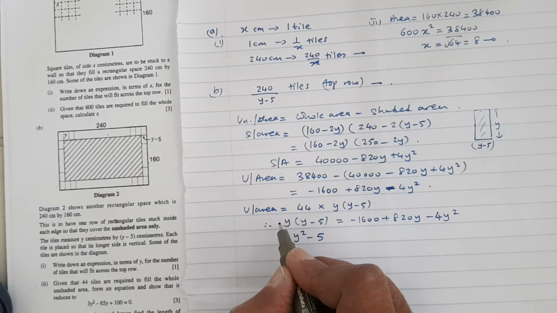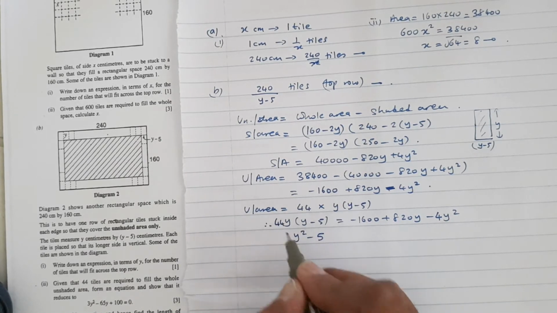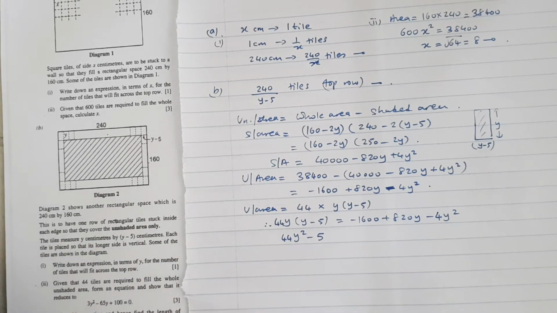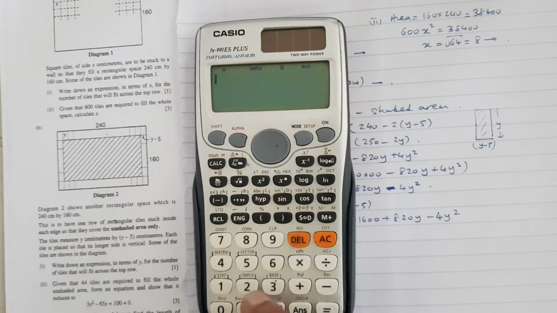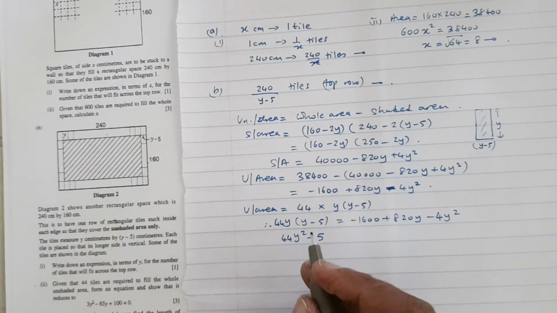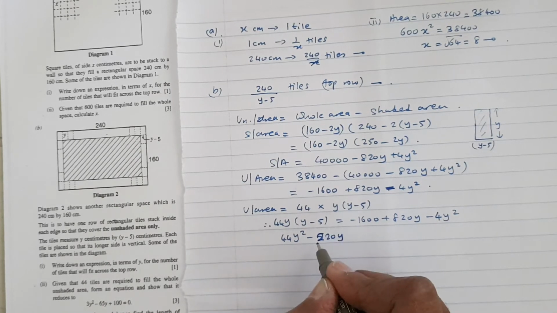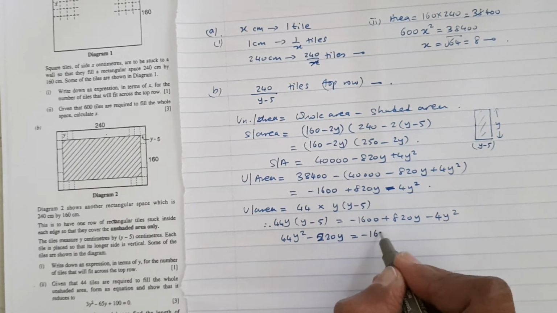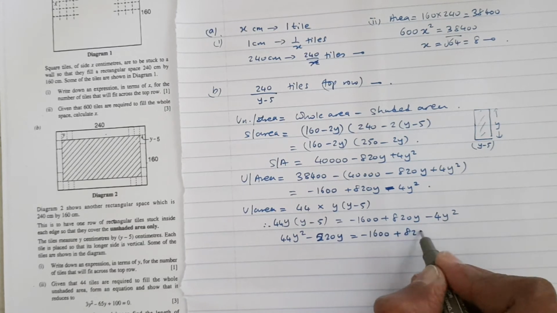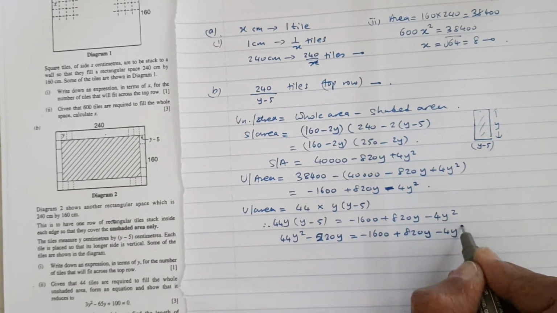No, hang on, this is 44. 44y squared minus 44 times 5 is 220. Yes, so we got then minus 220y. Okay, all of that is equal to minus 1,600 plus 820y minus 4y squared.